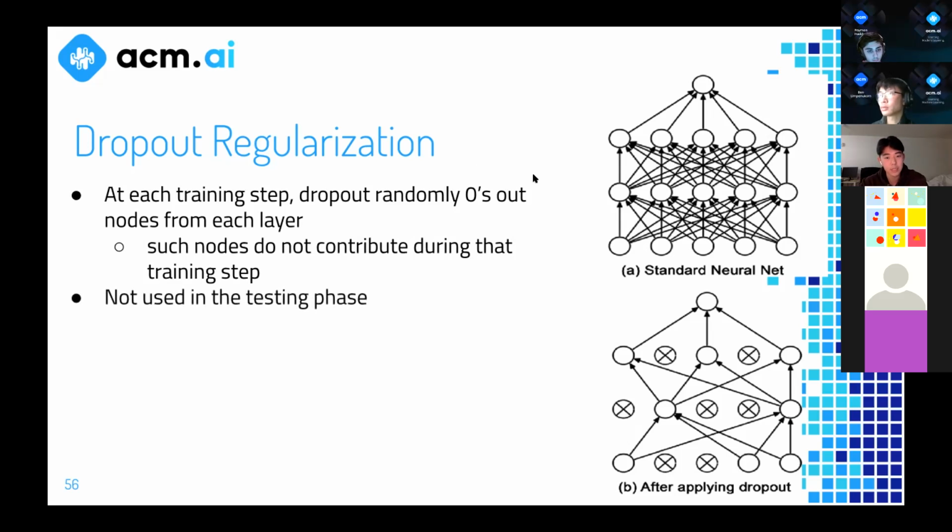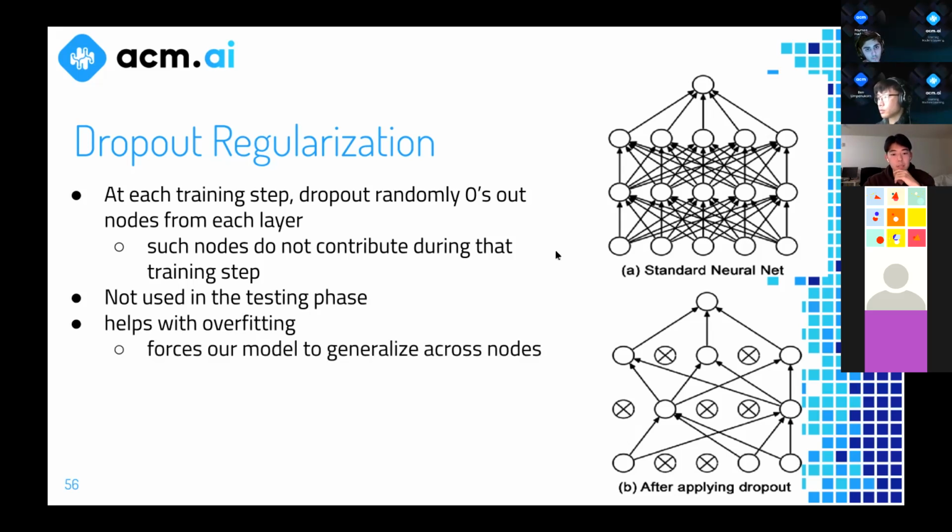Again, this isn't used in the testing phase. This is purely in the training phase, to help with overfitting. That's the thing that'll follow you all throughout machine learning. We want to make our predictions accurate, but not so accurate that they are not applicable to other use cases and other sets of data.